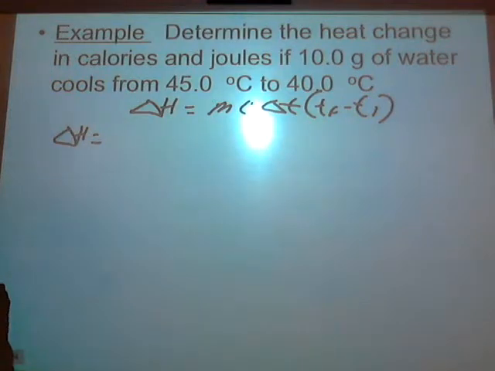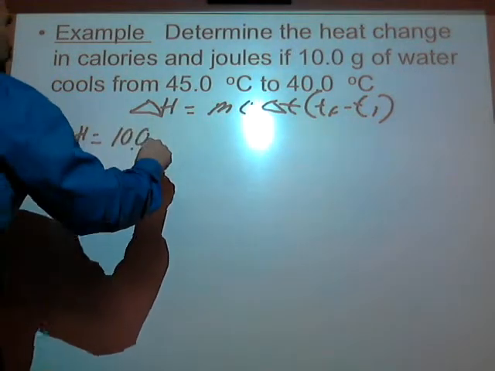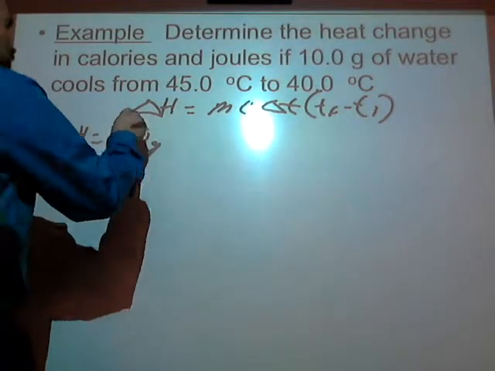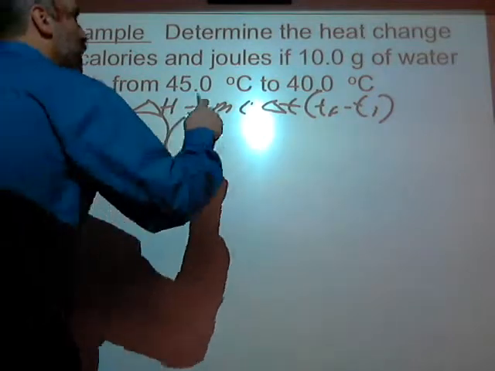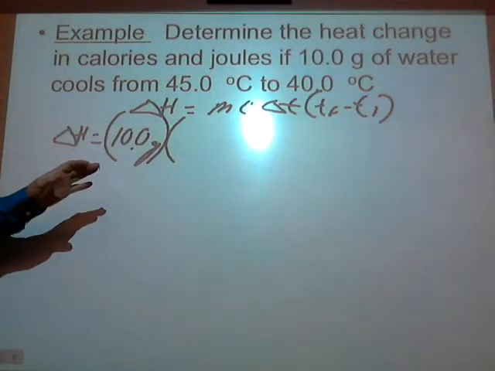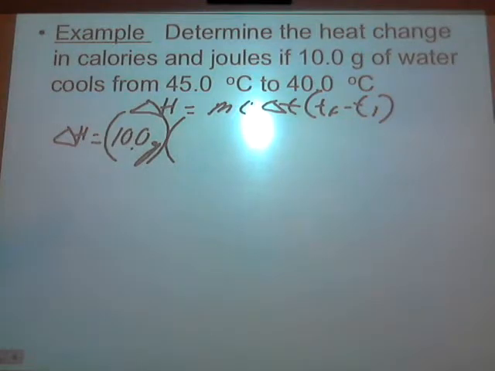All right. Delta H, therefore, equals the mass. What's my mass in this problem? 10.0 grams. Hey, guess what else we're going to have to keep track of? Significant figures. You missed them, didn't you? 10.0 grams times the specific heat of water. Now, I purposely made it water, and I can use either one of two numbers. What two numbers can I use for water? 1 calorie per gram degree Celsius, or 4.184.